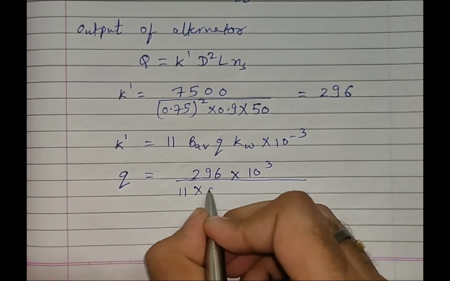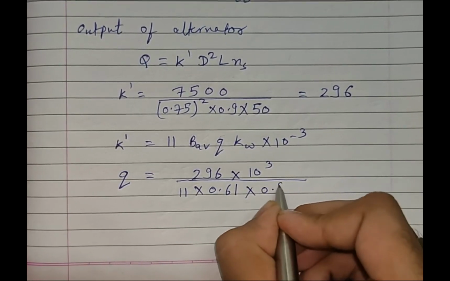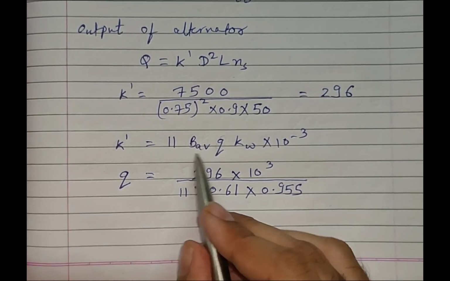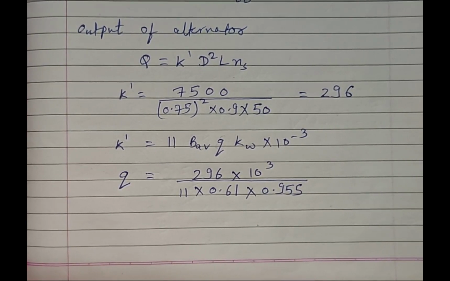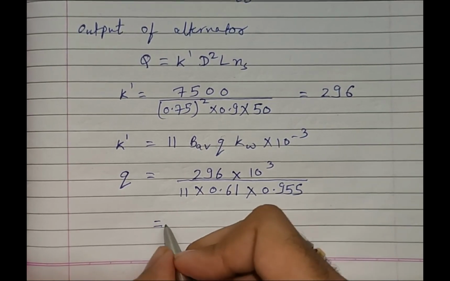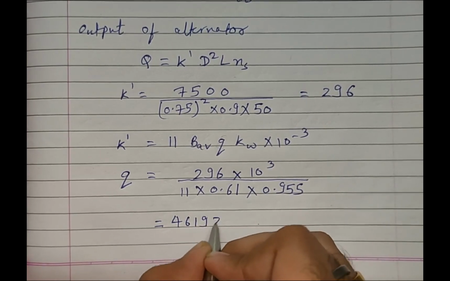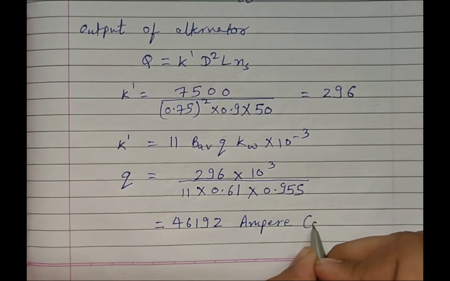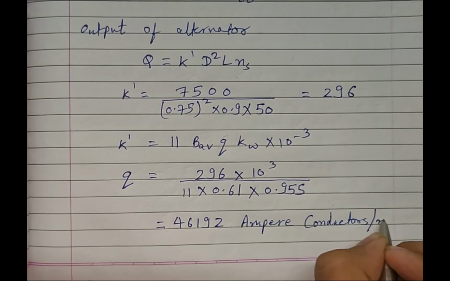11 into 0.61 multiplied by 0.955, where 0.61 is nothing but my BAV and 11 is as it is. On solving this, I get my value of specific electric loading as 46192 ampere conductors per meter.